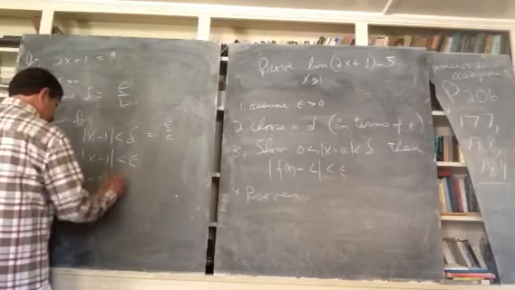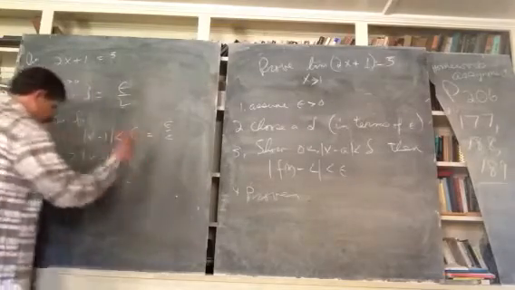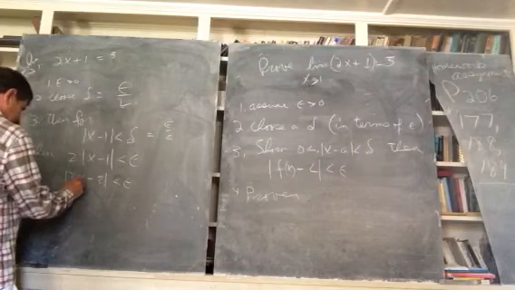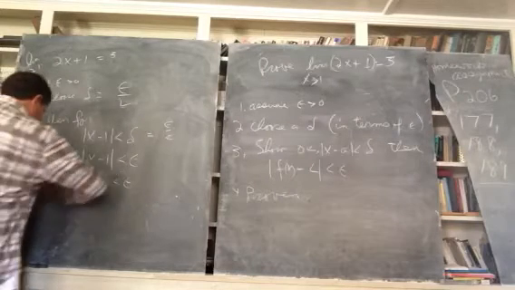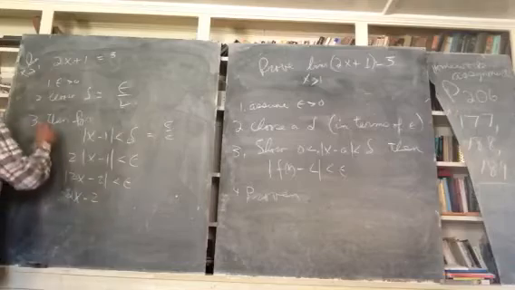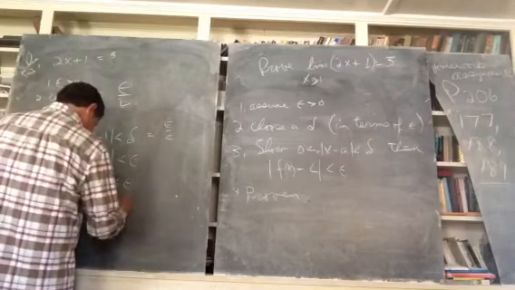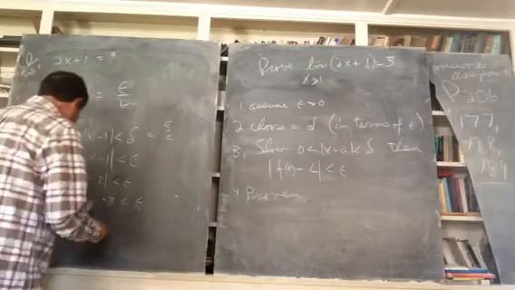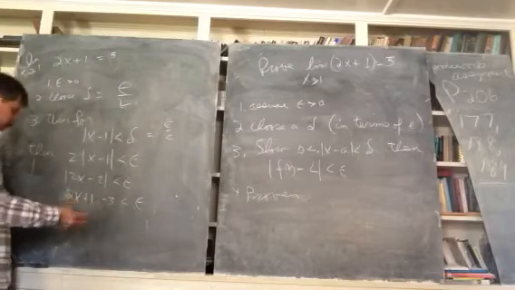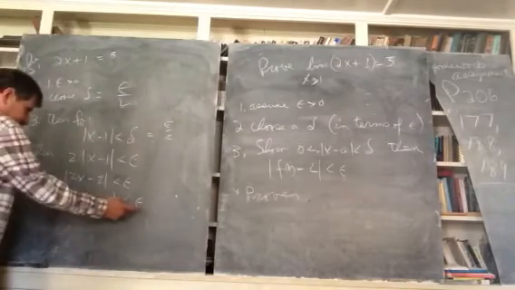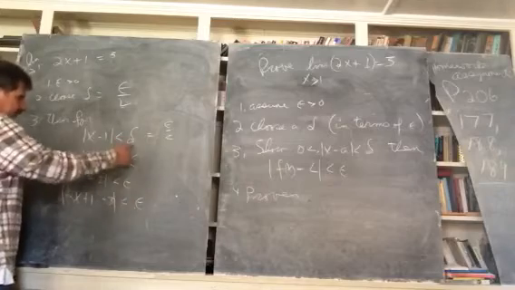The absolute value of 2x minus 2 is also less than epsilon. Oh, plus 1, I'm sorry, that's what I did wrong last time. So the absolute value of 2x plus 1 minus 3 is also less than epsilon. Then it's proven. We chose a delta.